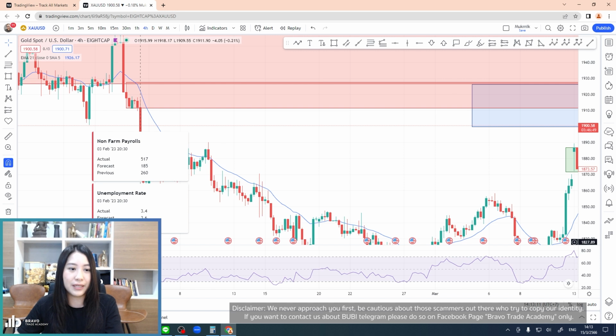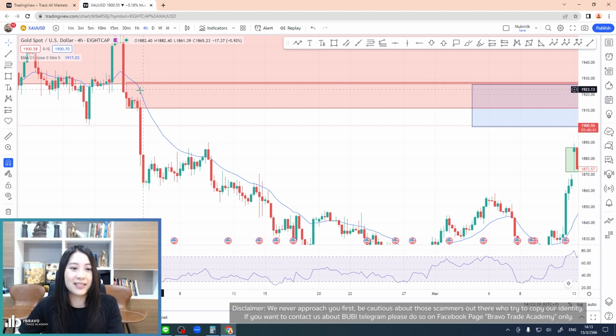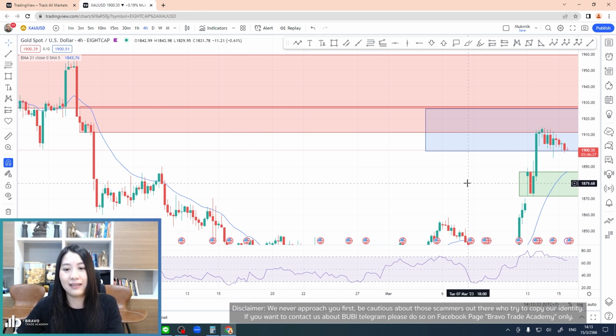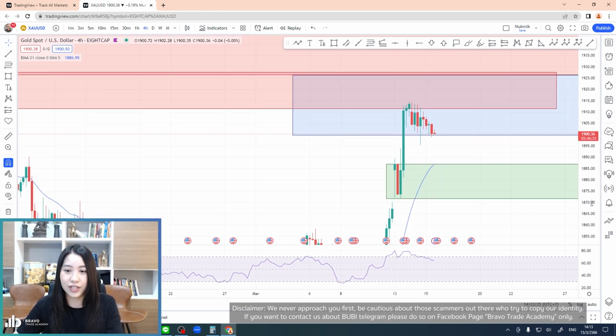But what happened was it was formed during the non-farm payrolls report. So I would say this selling power is not that reliable. Why is that? Because it might just be panic going on. It might not be the true supply that it showed on the chart.